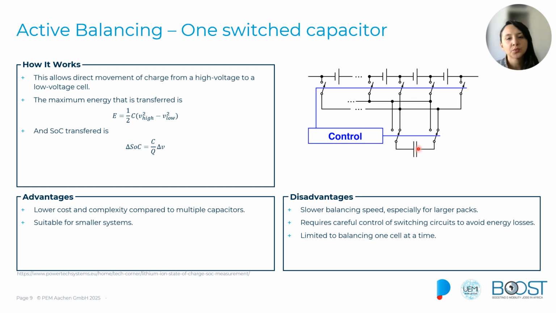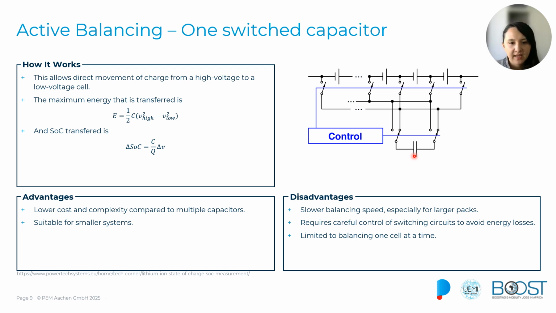Then the switch will disconnect and the capacitor will reconnect to the cell that has the lower cell voltage, and like this that cell will be charged and the capacitor will be discharged to transfer the energy. This process is repeated across the whole battery pack, moving the energy from one cell to another.